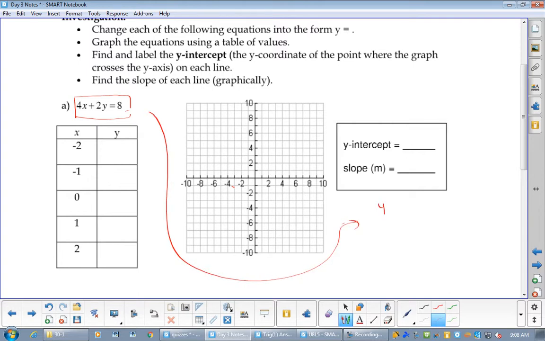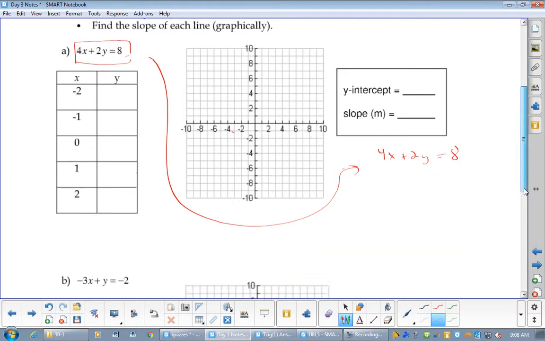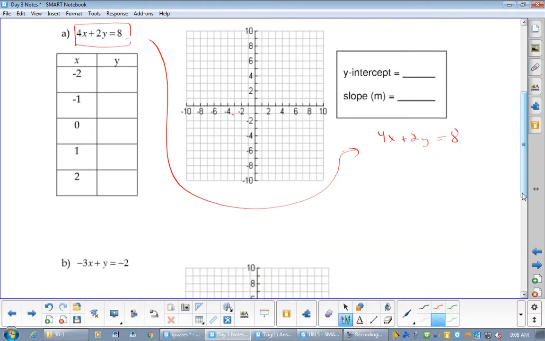Now, I have 4x plus 2y equals 8. Now you want to get y by itself. What's the first thing you need to do? Subtract? Nope. You have to subtract 4x, which will give me 2y equals 8 minus 4x.